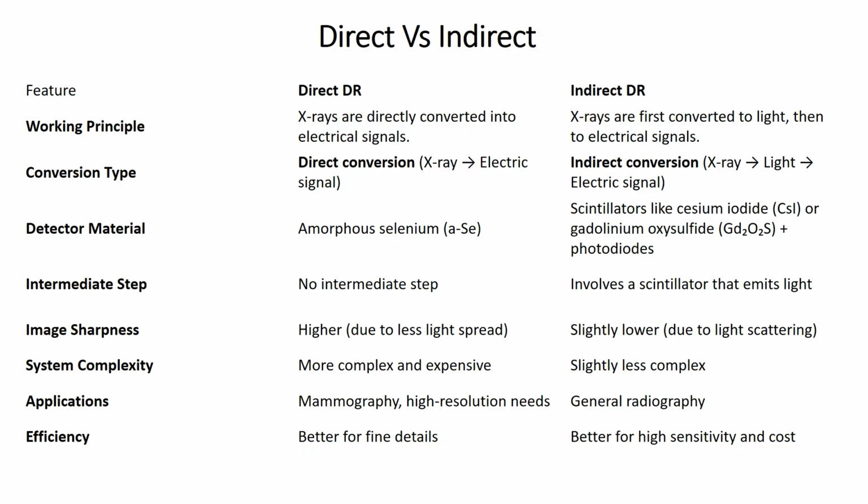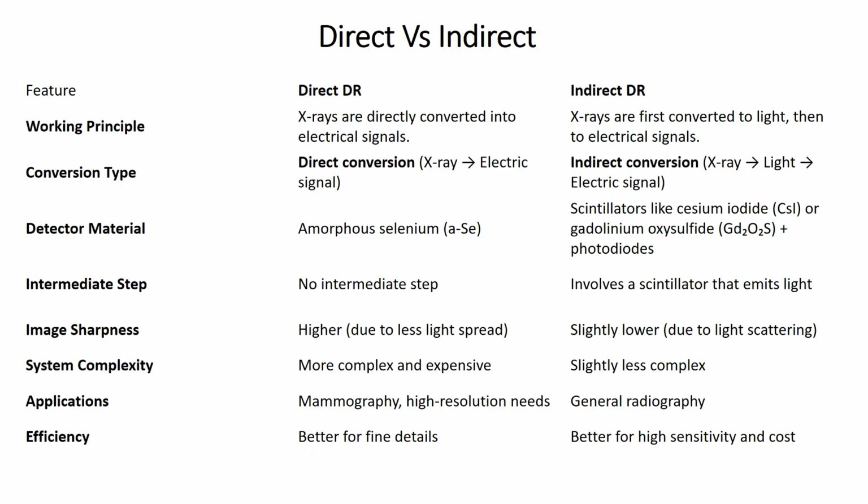So, an intermediate step is required in indirect digital radiography. It involves the scintillator that emits the light, while in direct radiography it is not required. Image sharpness is higher in direct radiography, while in indirect it is slightly lower as compared to direct radiography.